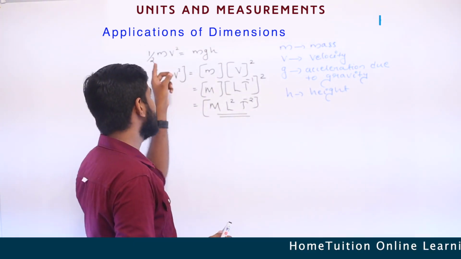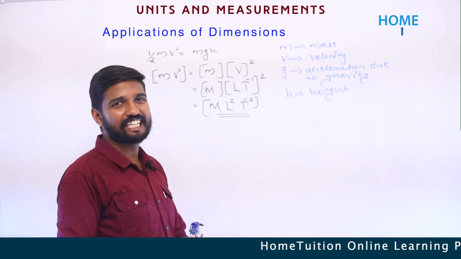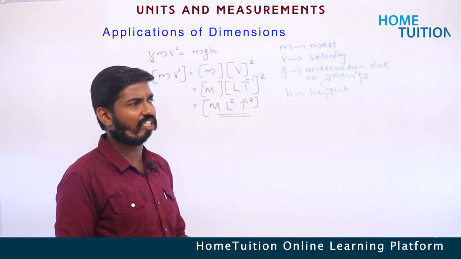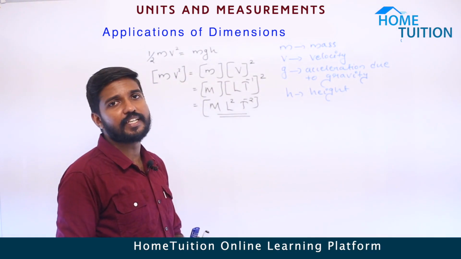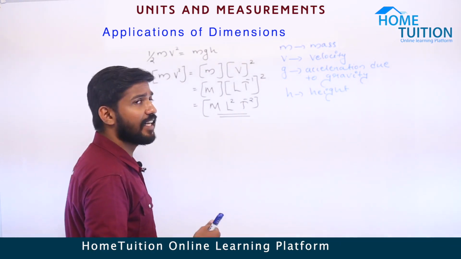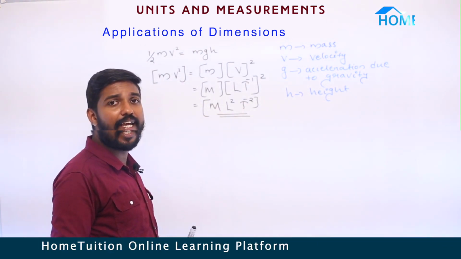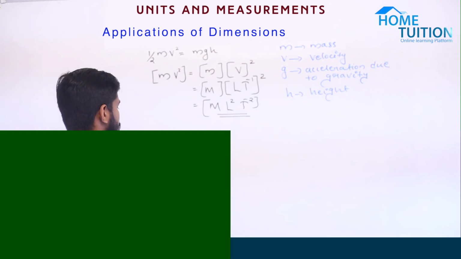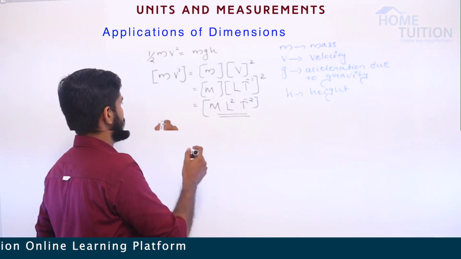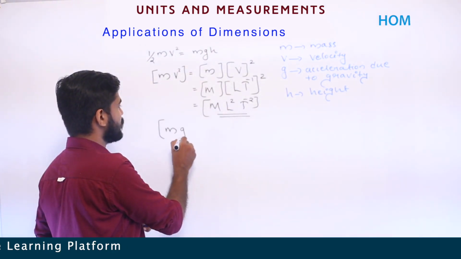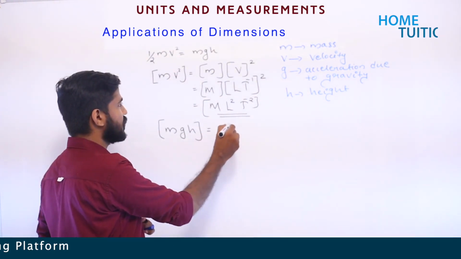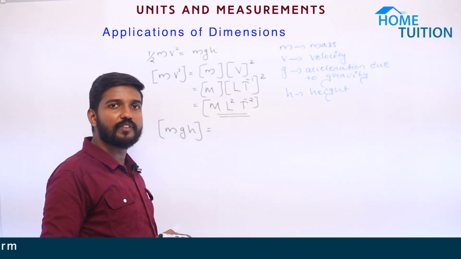So what is this, half mv square? It's kinetic energy, right? So what is the dimension of energy? M L square t raised to minus 2. Next we have another term here, mgh. We have to find the dimension of mgh.